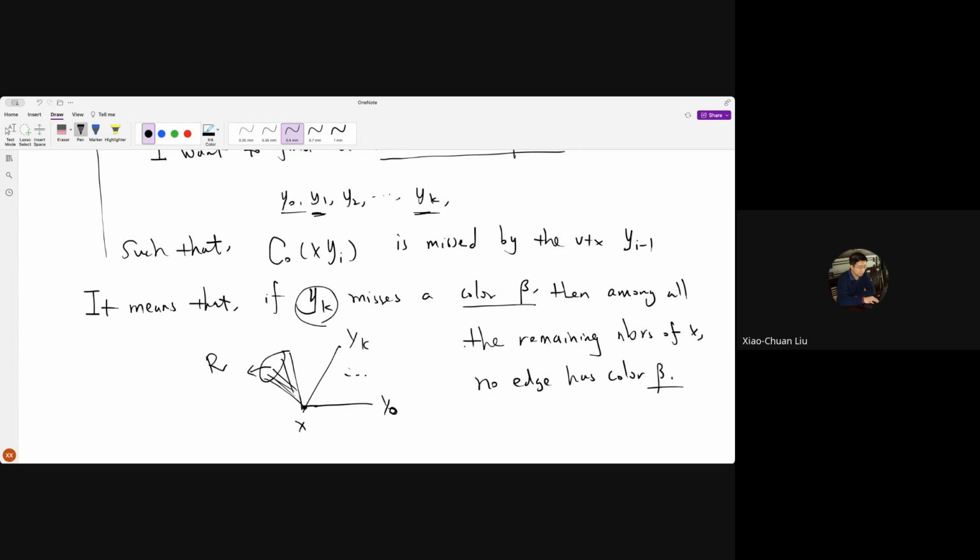Otherwise, I'll put this as yk plus 1. Of course, R could be an empty set. So if I exhausted all the neighbors of x, it's also fine. Is it okay? So this is step 1.